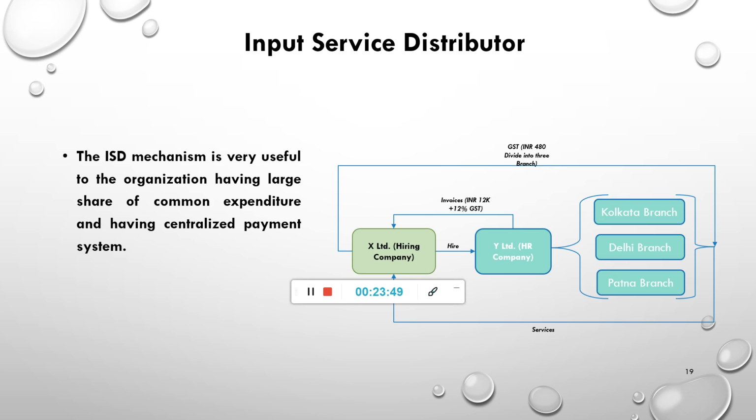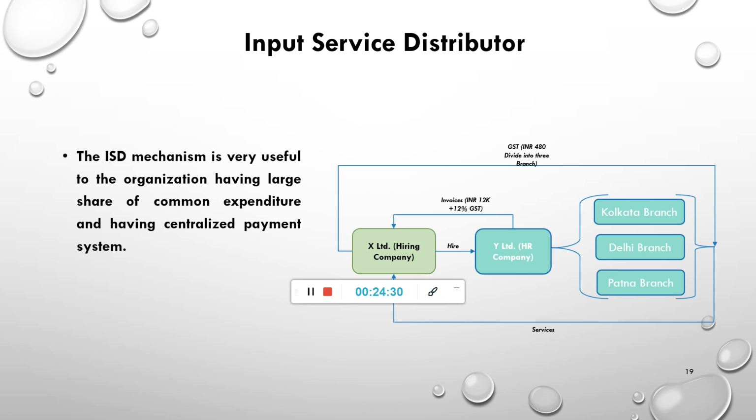Now I'm going to discuss input service distributor. Input service distributor means an office of the supplier of goods or services or both, which receives tax invoices towards receipt of input services and issues a prescribed document for the purpose of distributing credit of central tax, state tax or IGST paid on the said services to a supplier of taxable goods or services or both having the same PAN as that of the ISD.